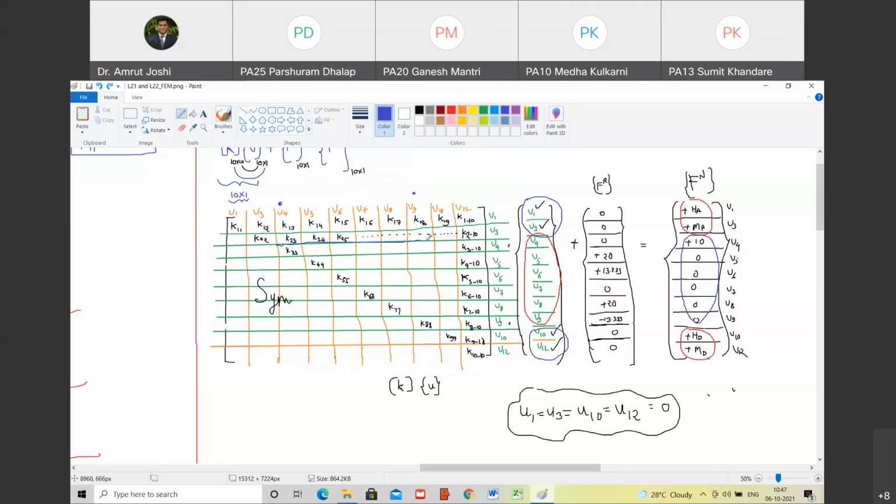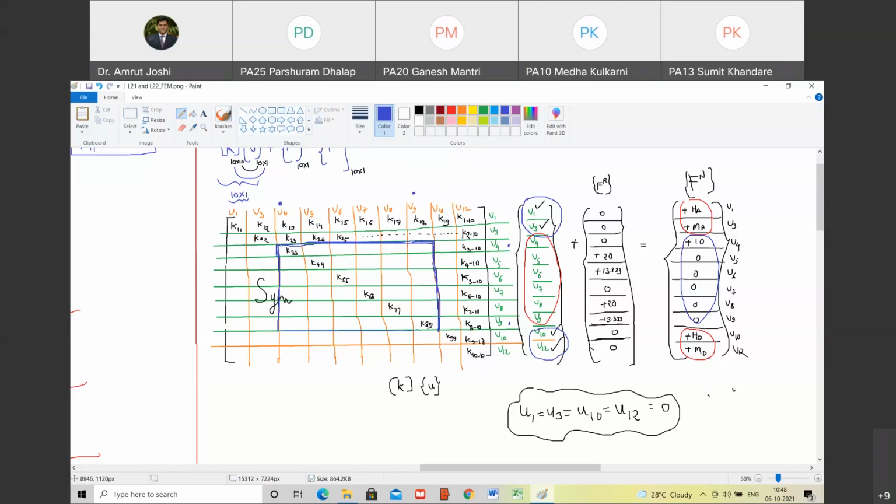This blue line encompasses columns from U4 to U9. Do you agree with me? That line I am going to now extend vertically. That encompasses all the rows from U4 to U9. Do you agree with me? Happy?